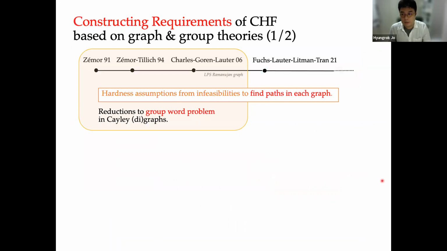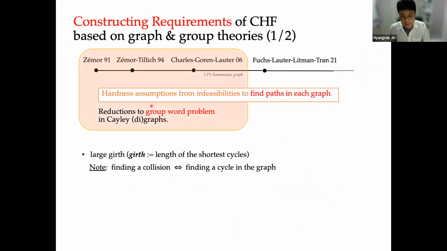Security of most of these suggestions relies on the hardness of assumptions to find paths in graphs. It reduces to the group word problem in a Cayley graph or directed graph. Finding a collision is equivalent to finding a cycle in a given graph. So we want to guarantee the shortest cycle is large enough.